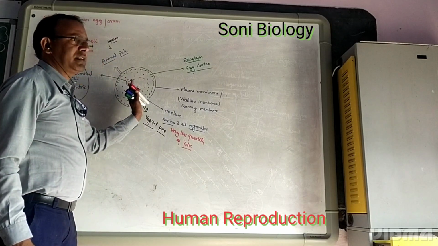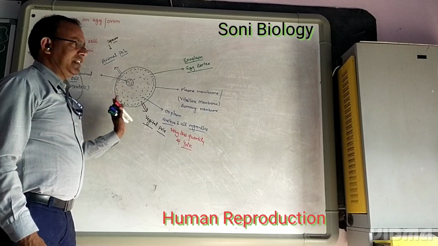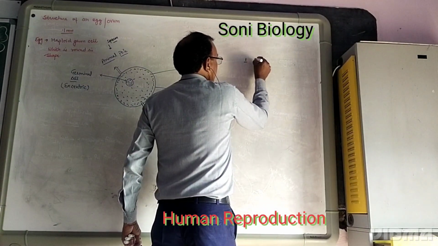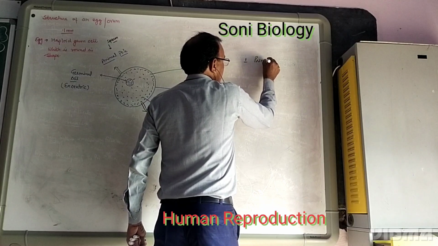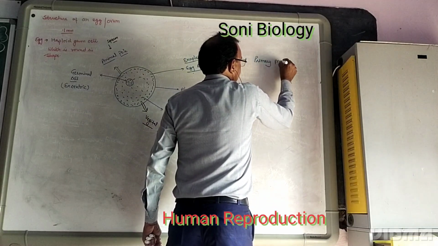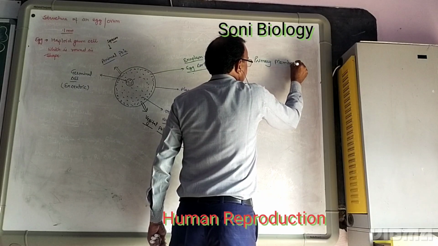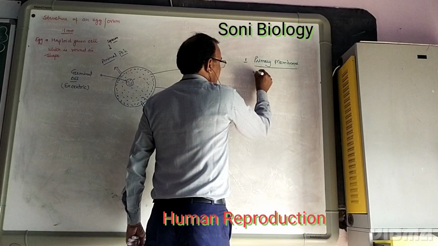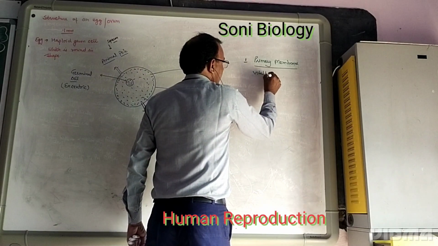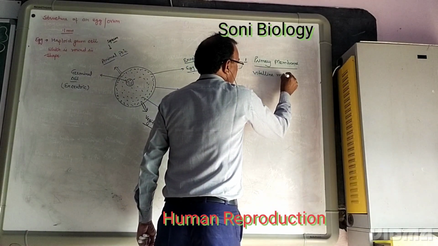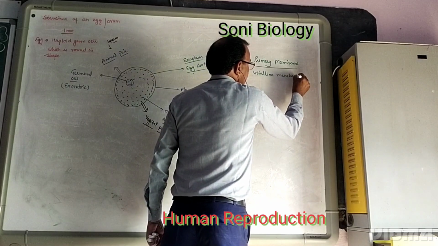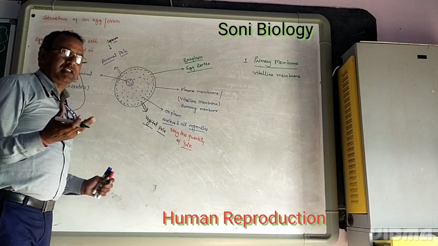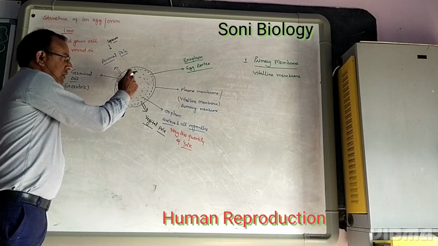So how are these membranes arranged and what are the categories of membranes? First, the primary membrane. In the human egg the primary membrane is called the vitelline membrane. This membrane is made up of its own cell, through vitellogenesis, the formation of egg yolk.